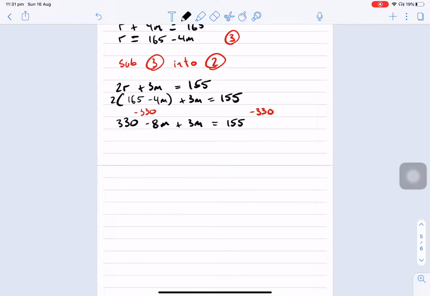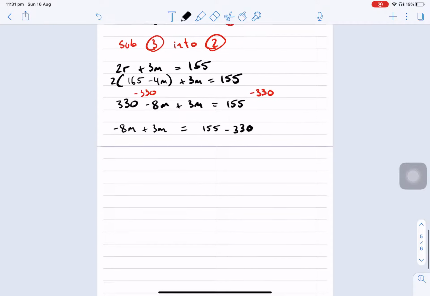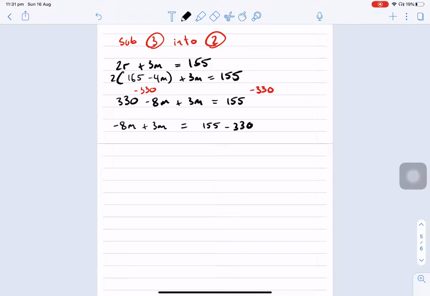And so we have negative 8M plus 3M equals 155 minus 330. And we can solve all those.